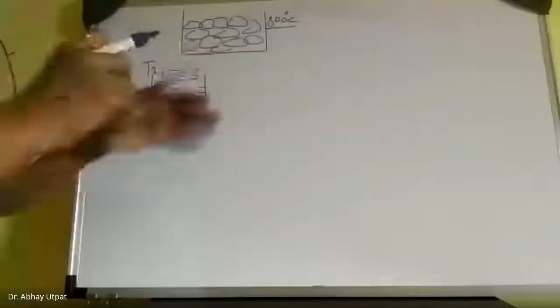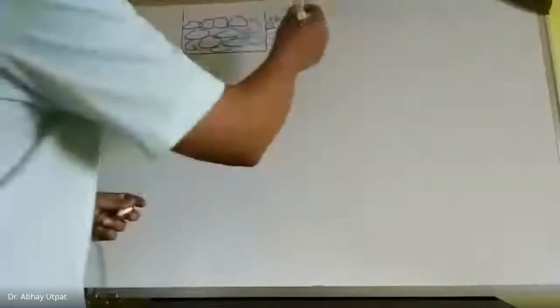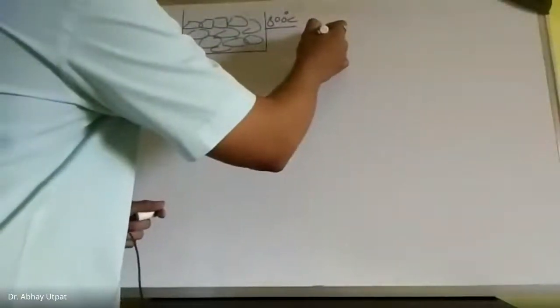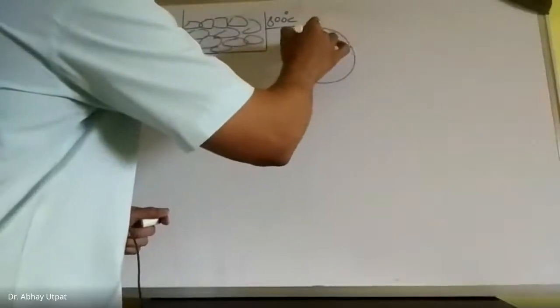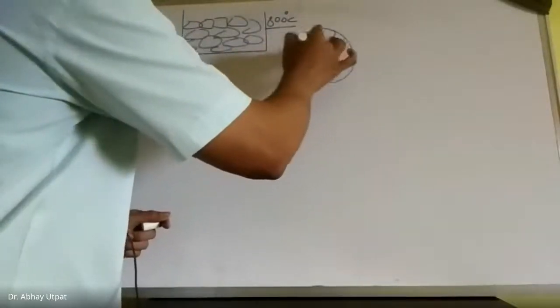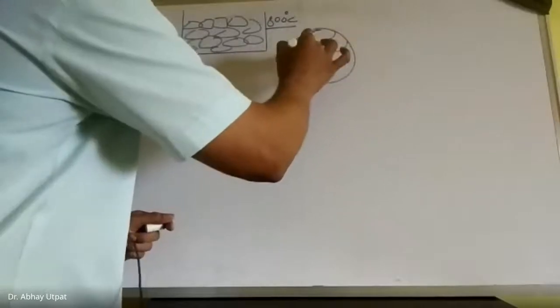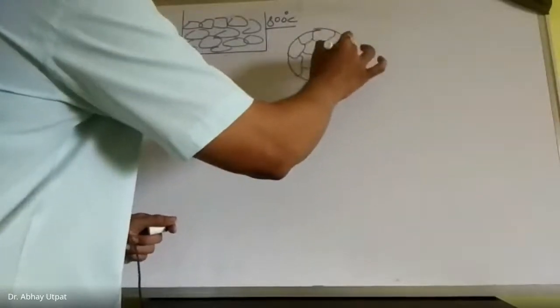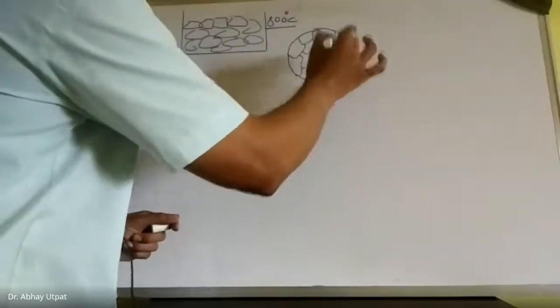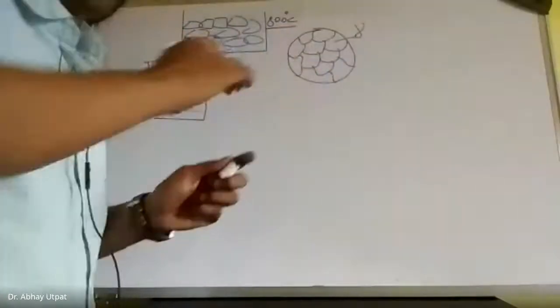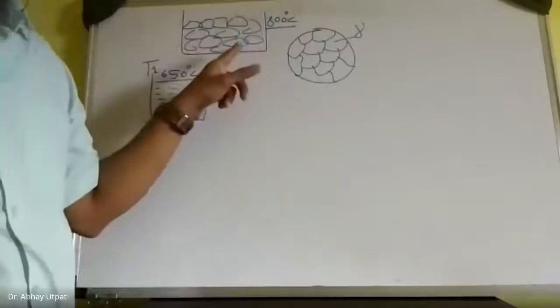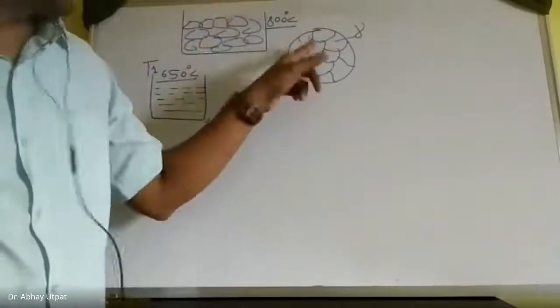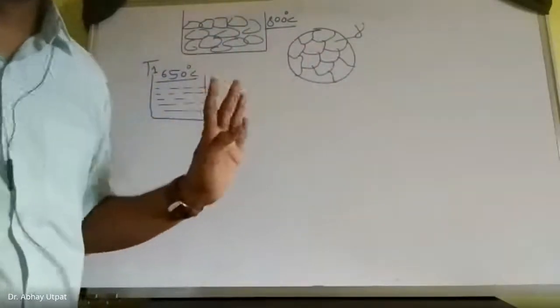So now I will draw the microstructure here. All is gamma. I have taken one sample. I know that here is 100% austenite.